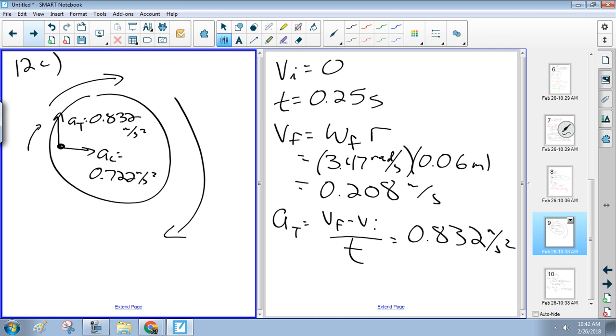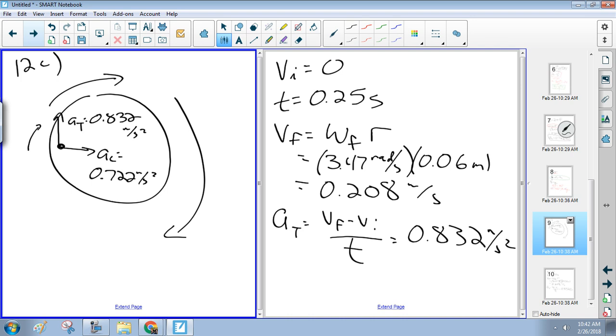Adam? So after you work with the components, you find the net acceleration, is that basically called the angular acceleration?